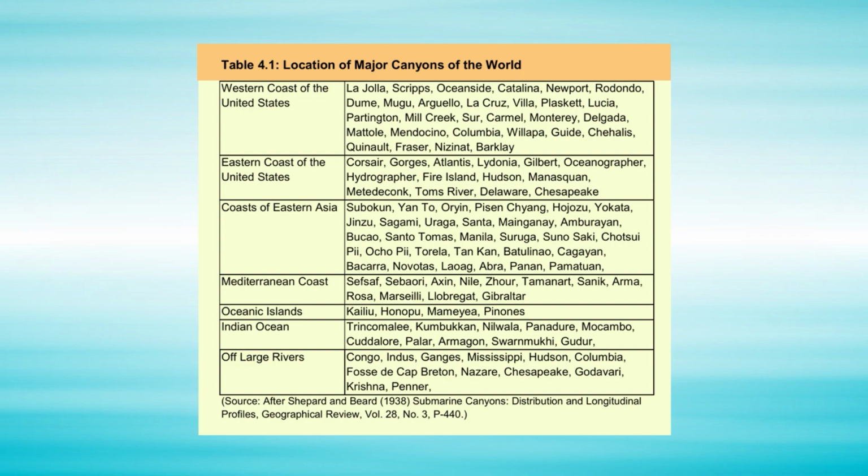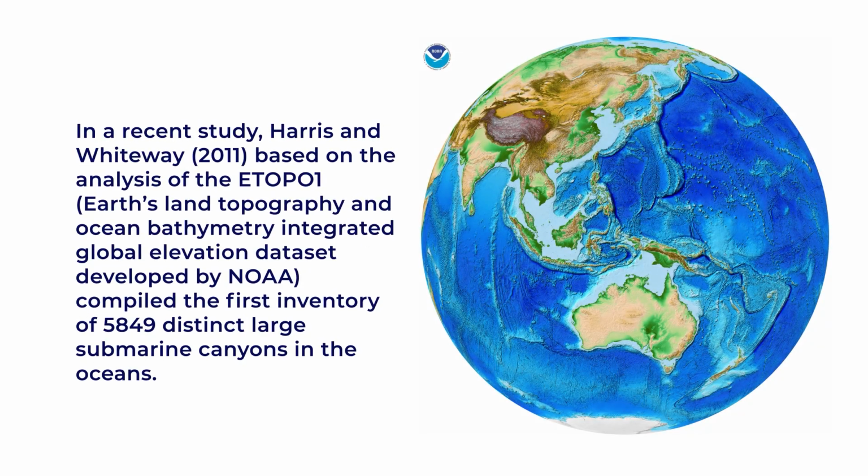In a recent study, scholars Harris and Whiteway in 2011, based on the analysis of ETOPO1, that is Earth's land topography and ocean bathymetry integrated global elevation data set, which was developed by NOAA, compiled the first inventory of 5,849.